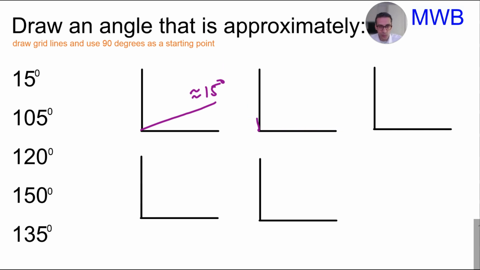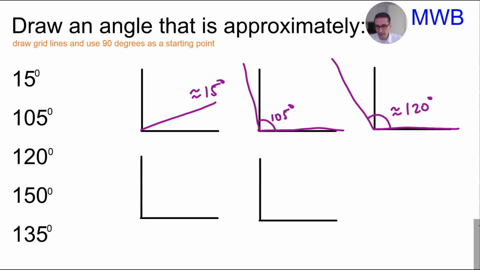So I'm just going to be somewhere like that. I'm using a computer, so this is not going to be super accurate. 120 degrees, well, I know that this is going to be 90, and then I'm adding on, so it's going to roughly look like that, just a bit more, so approximately 120 degrees.